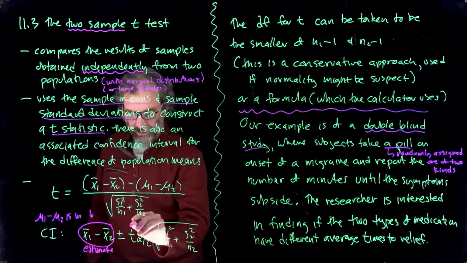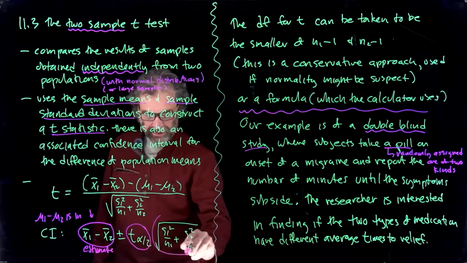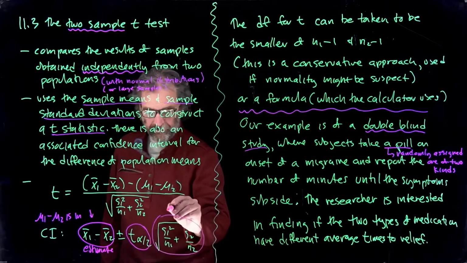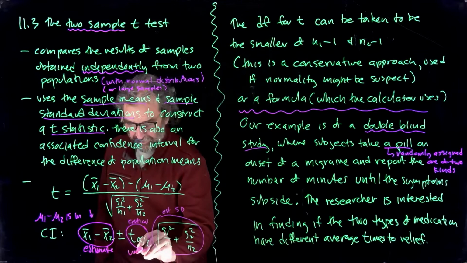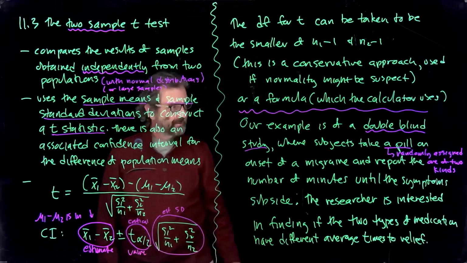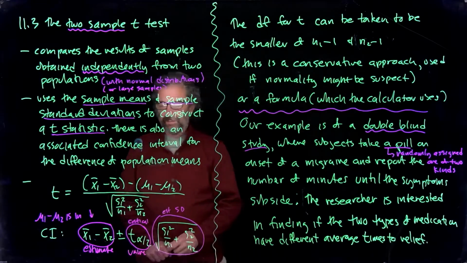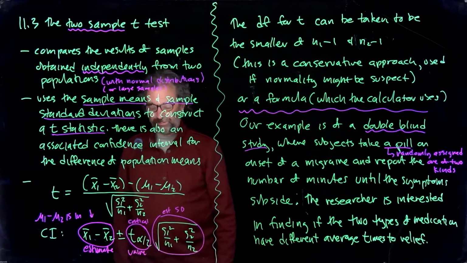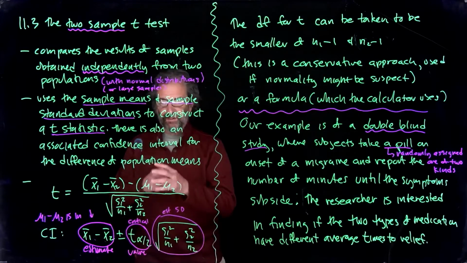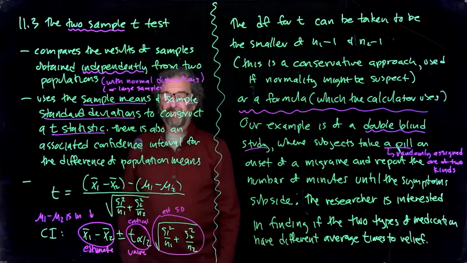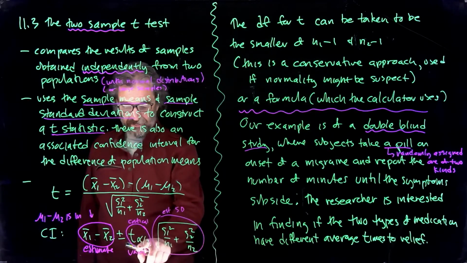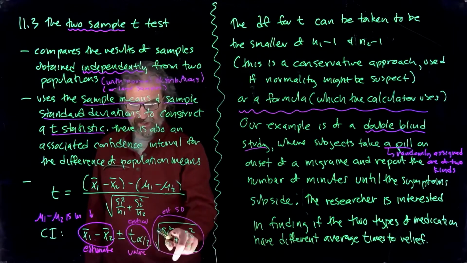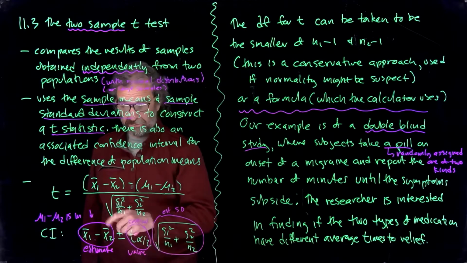And here's a critical value, and here's an estimated standard deviation. So that's been our way of writing down confidence intervals. It hasn't changed: estimator plus or minus critical value times estimated standard deviation. If you have the actual standard deviation, this tends to be a z. If you estimate it using the sample, this tends to be a t.